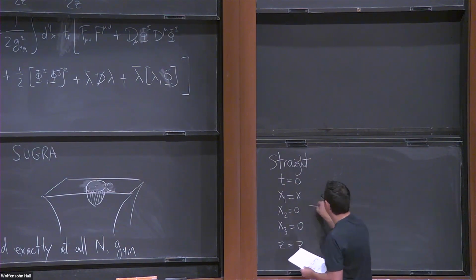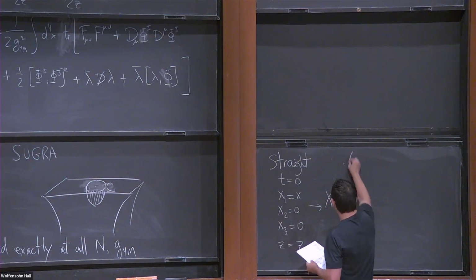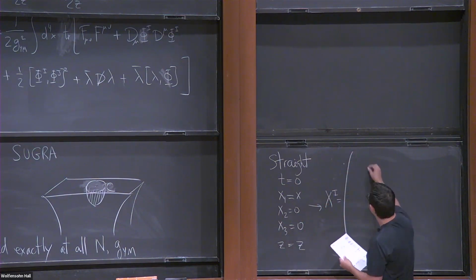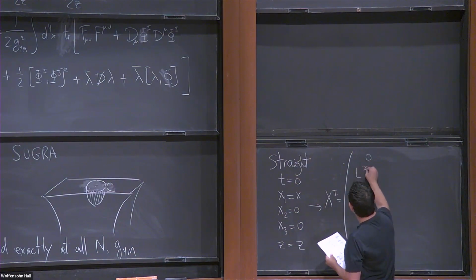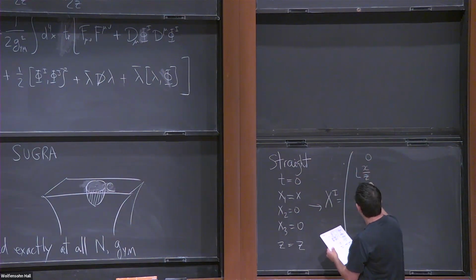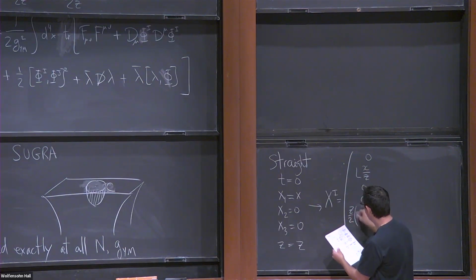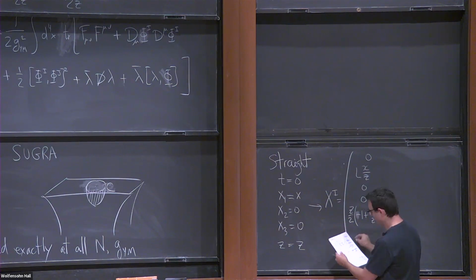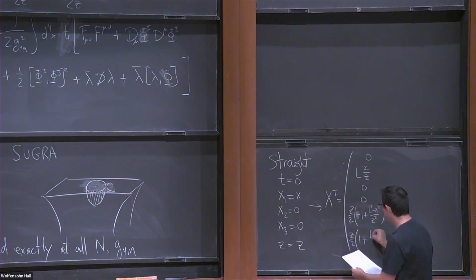What this means is that the X^i coordinates are given by 0, Lx over z, 0, 0, z over 2 times (1 plus L squared minus x squared over z squared), and z over 2 times (1 plus L squared minus x squared over z squared).